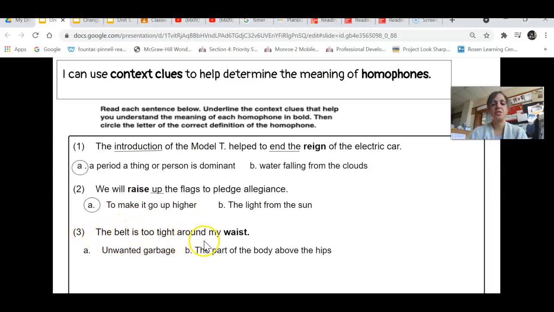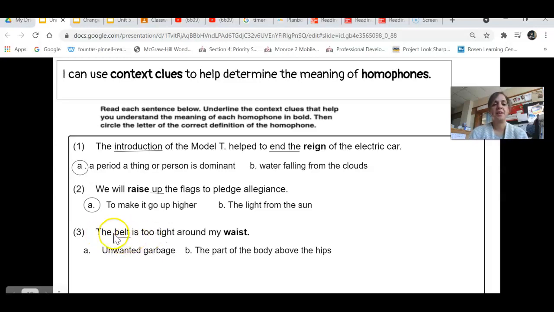The belt is too tight around my waist. Well, I know waist could be like if you waste time, you don't do anything with it. Or the waist could be around your hips. So we just looked inside the word and thought about its meaning. Now we're going to look outside the word and underline those context clues.